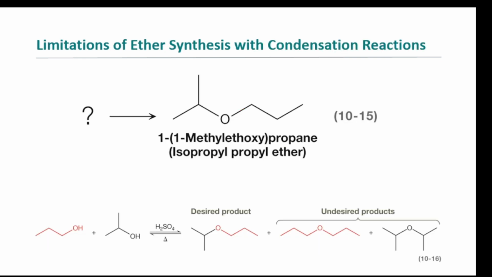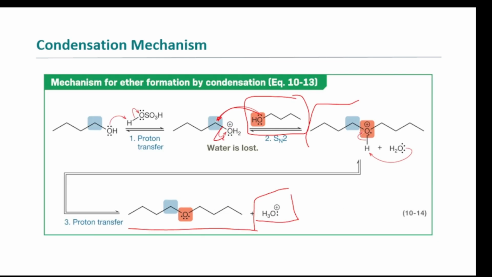Okay, so let's talk about some of the limitations of the ether synthesis with condensation reactions. So what reactants can come together to give these products here? What if we don't have a symmetric product? So we had a symmetric product right here, right?